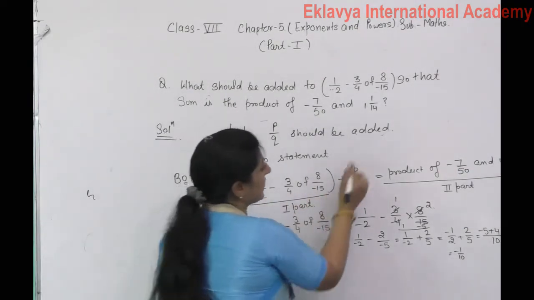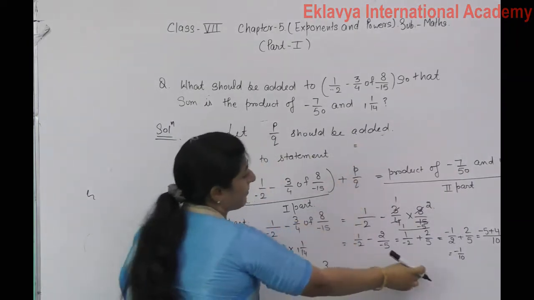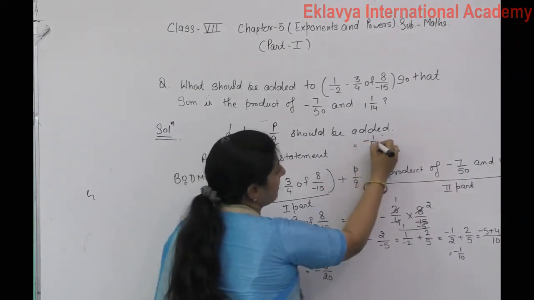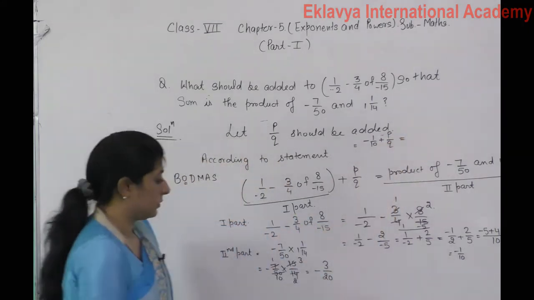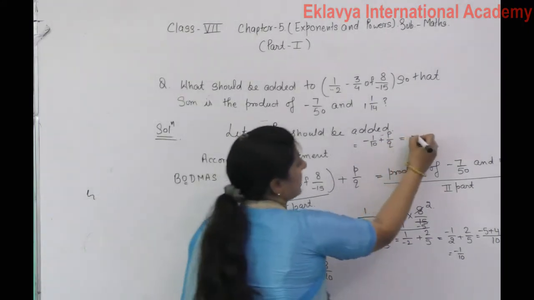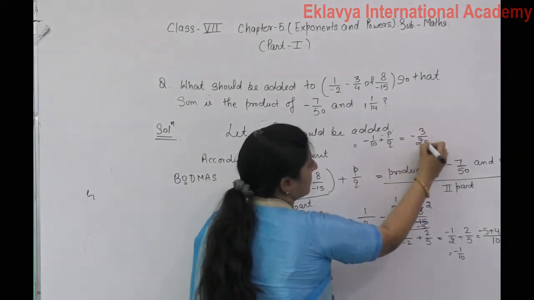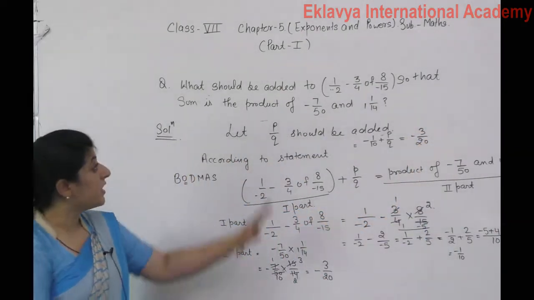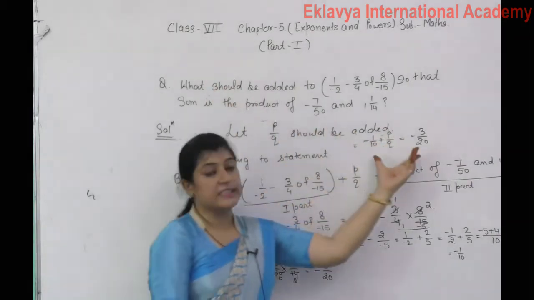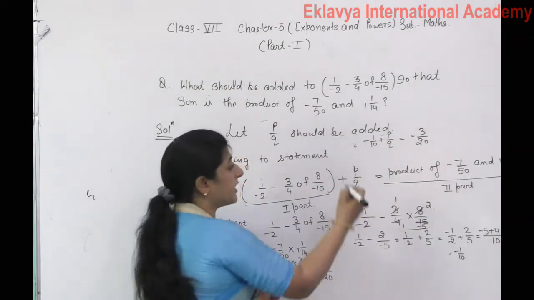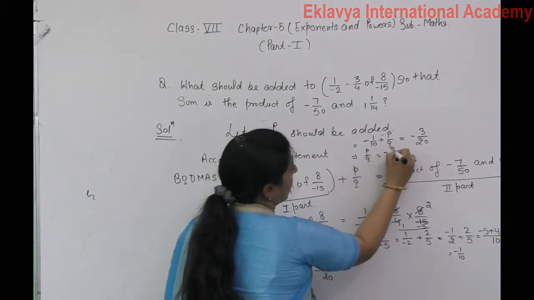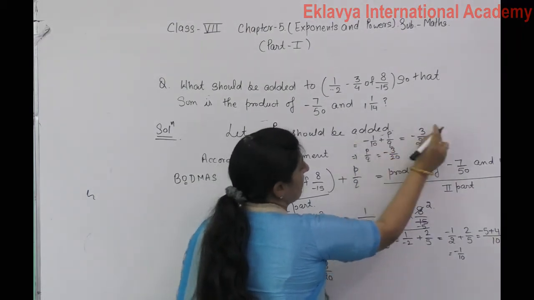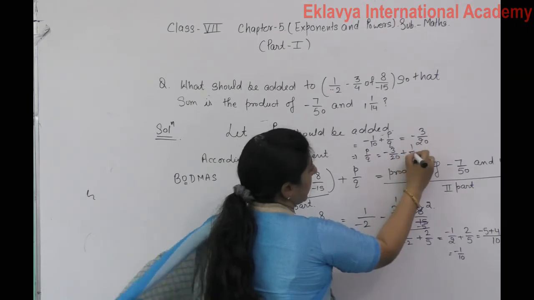See, this result is minus 1 by 10 plus P by Q is equal to minus 3 by 20. It means our question becomes like this. Now solve it. We need the value of P by Q, which is equal to minus 3 by 20. When you take this across, it becomes 1 by 10 positive.